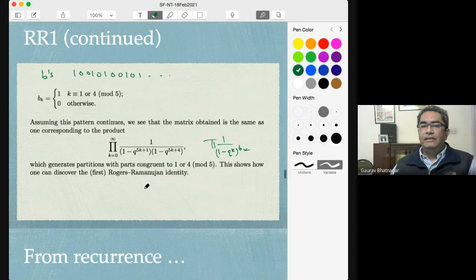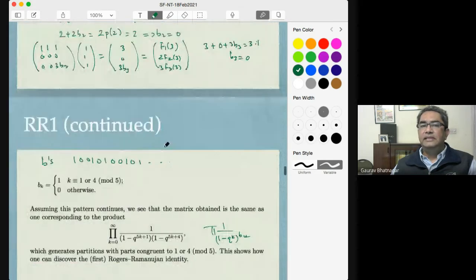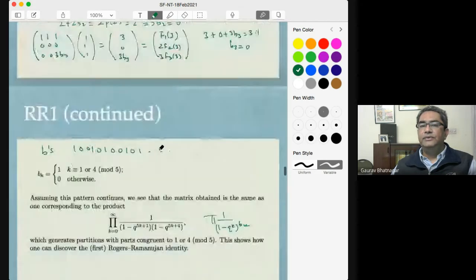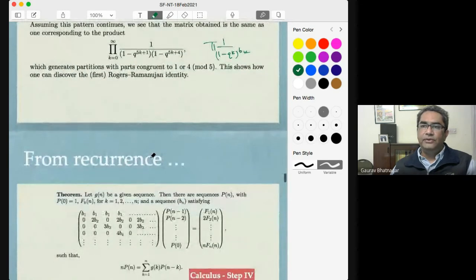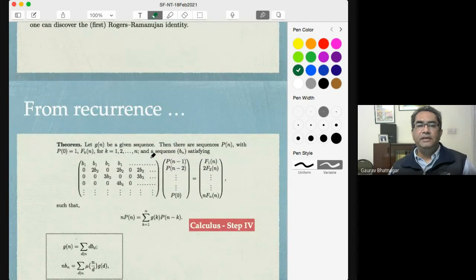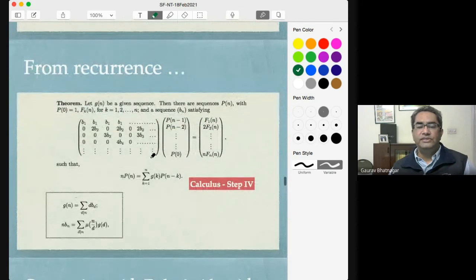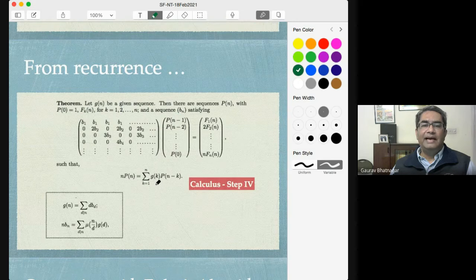So, I'll comment on this. This gives an idea of where this theorem fits into our picture. But let me say that there is another fourth step. Suppose I have a GK, any sequence which satisfies some recurrence relation of this kind. Then too I can find the P's and the F's and the B's.